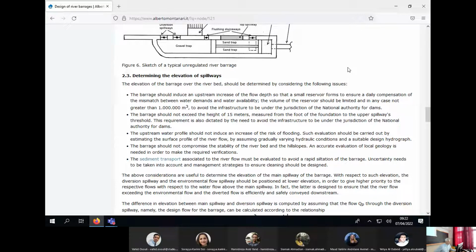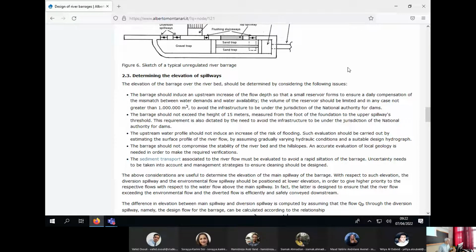What is the implication? If you are concerned by the stability of the hill slope, a higher barrage may be appropriate, because on the one hand it stabilizes the hill slopes, since the accumulation of gravel and loose material upstream of the barrage contributes to their stabilization.